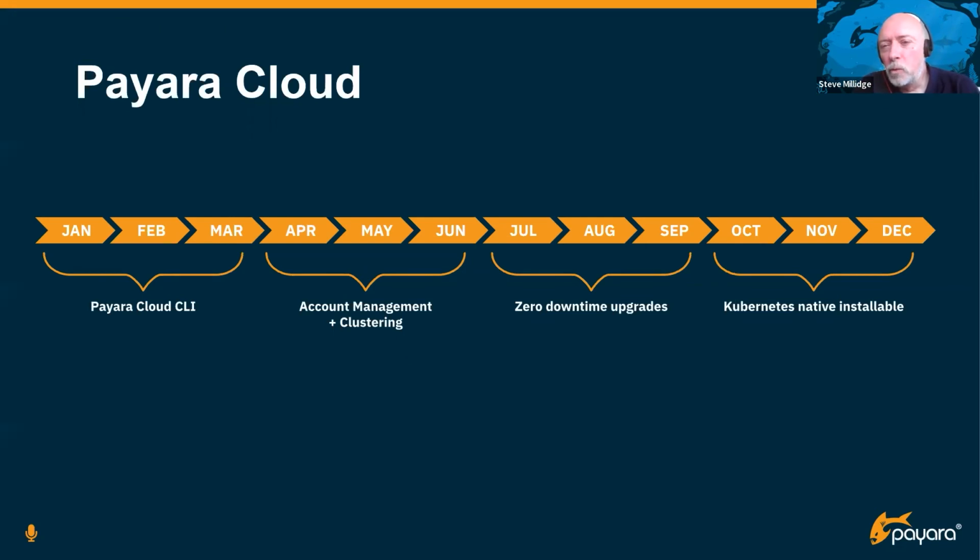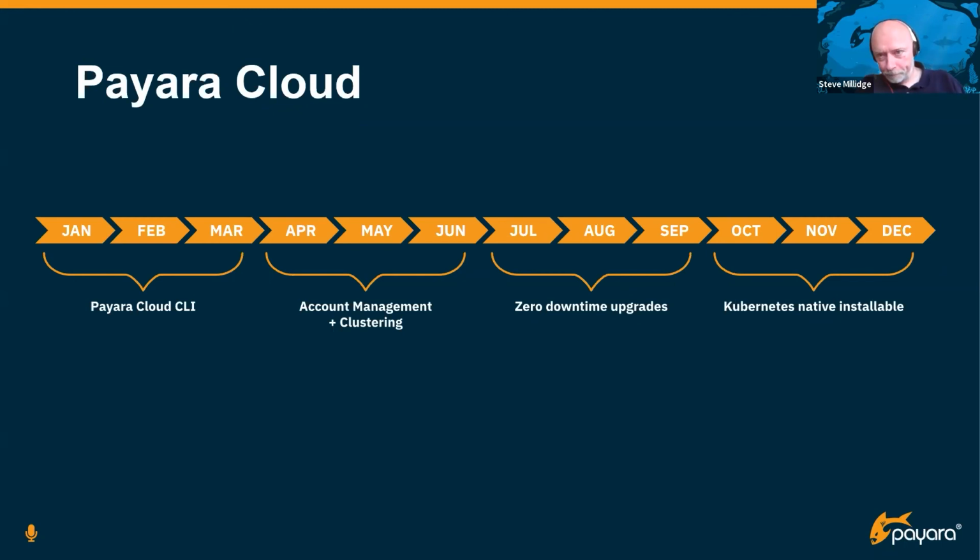And in Q4, we are looking to create an installable version of Payara Cloud. In the first version, it's a PaaS infrastructure that you will be using. In later versions, we'll be looking to release the software as something that you can install into your own Kubernetes clusters. Payara Cloud sits on top of Kubernetes.